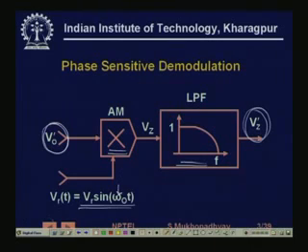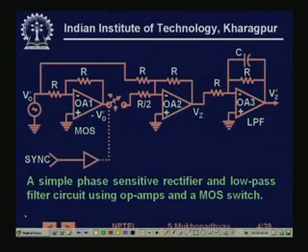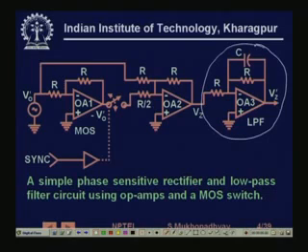So how does it work? Okay, so you see what is happening here. First of all, let us realize that this is the low pass filter. What is this? This is a summing amplifier.